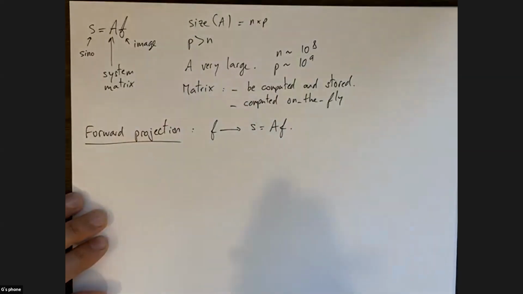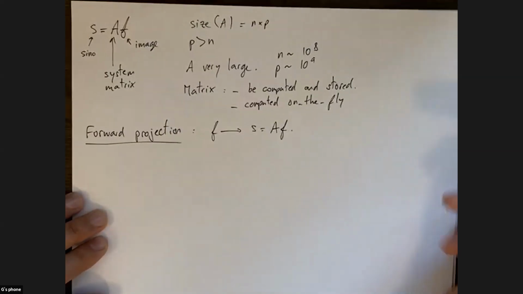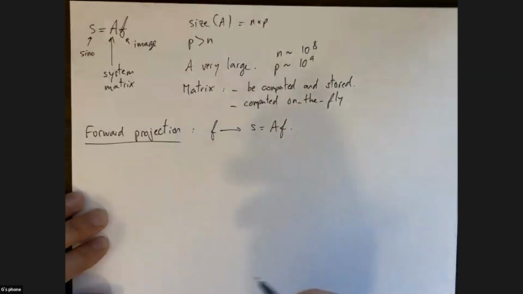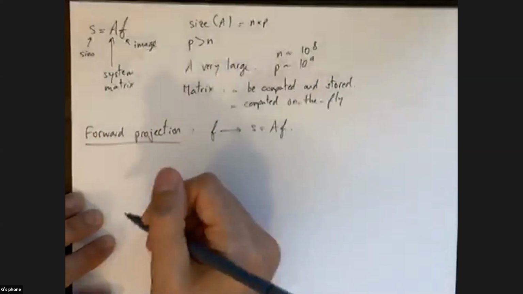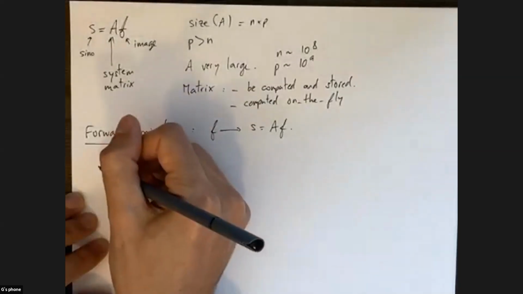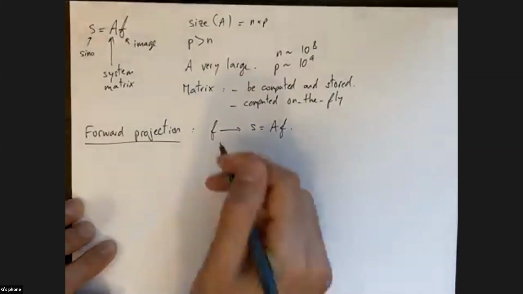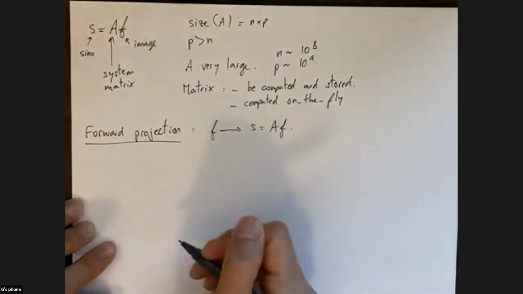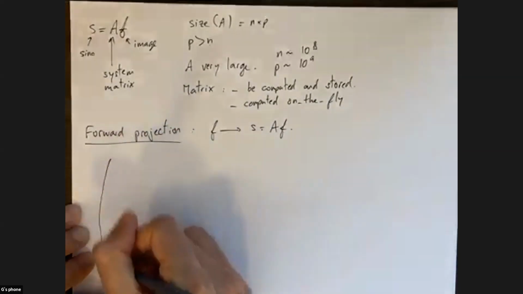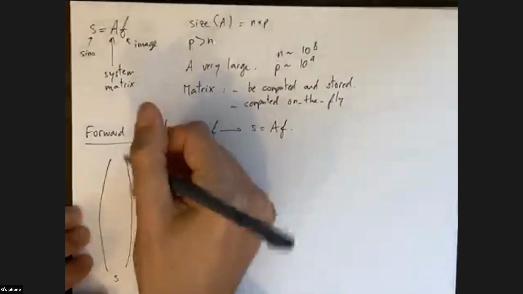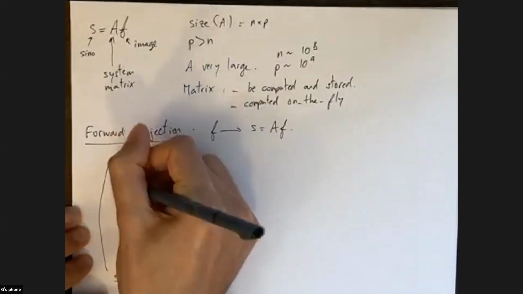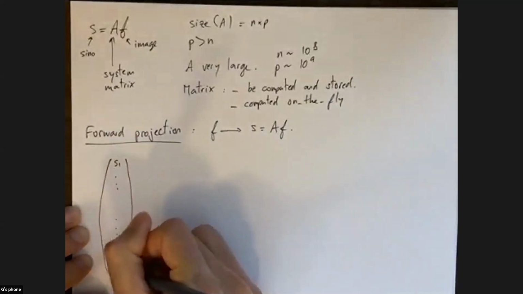Since the class has a diverse pool of students, I wanted to actually write the matrix, what it looks like. When we write this equation, what we mean is, we have S here, the vector S. We'll start with S1, and at the bottom, we have SP.